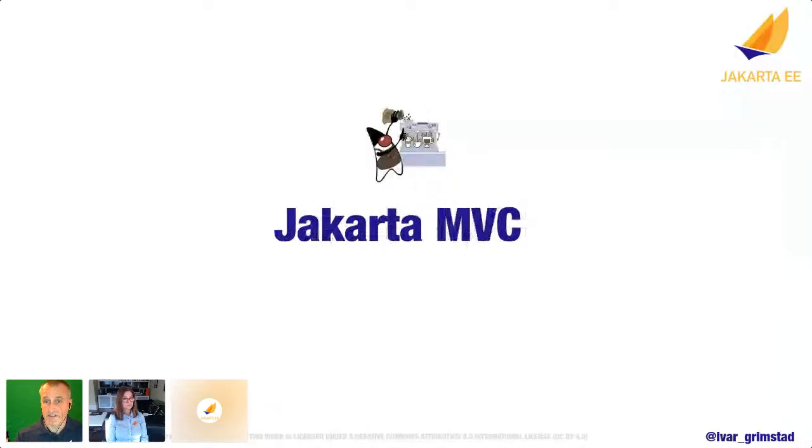Jakarta MVC is currently in version 2.0 and has moved to the Jakarta namespace, so it's ready for inclusion without any changes, actually. But we're still developing that specification, and it's also a candidate for inclusion in the web profile in a Jakarta EE 10 release.